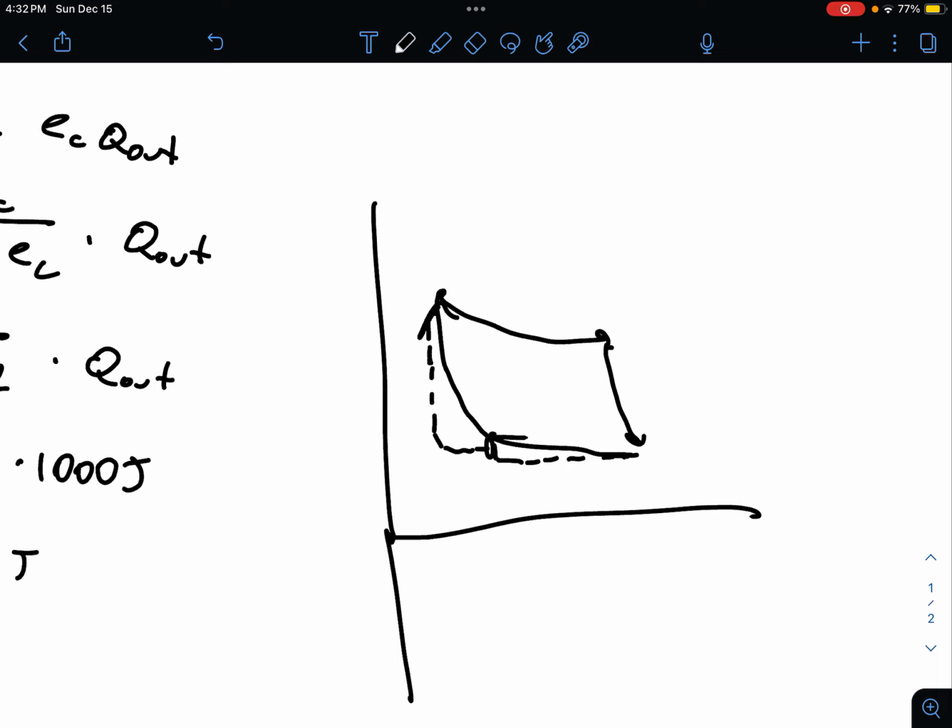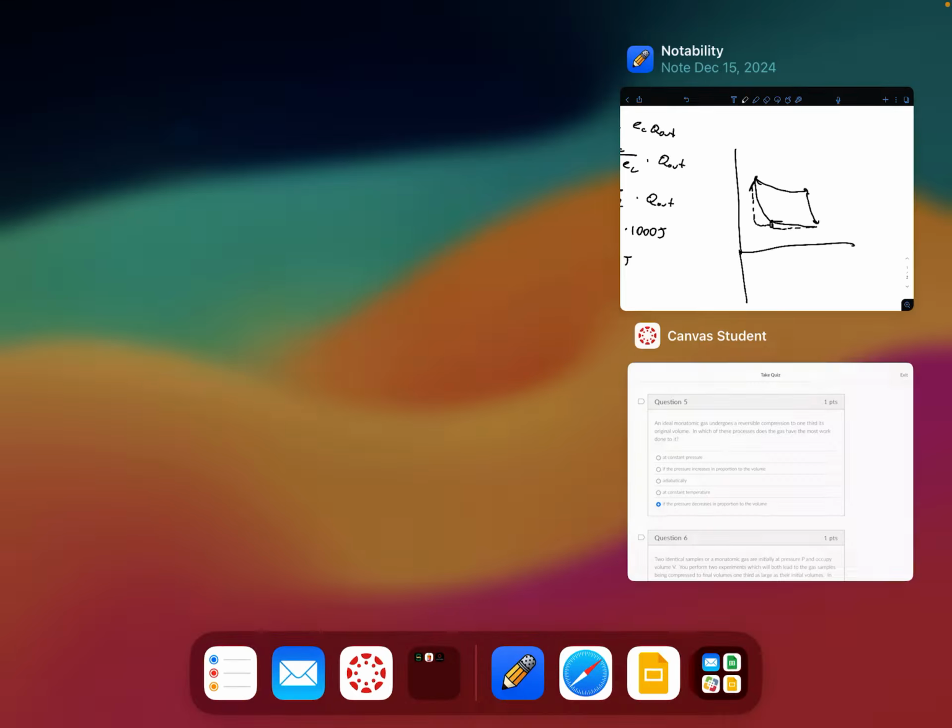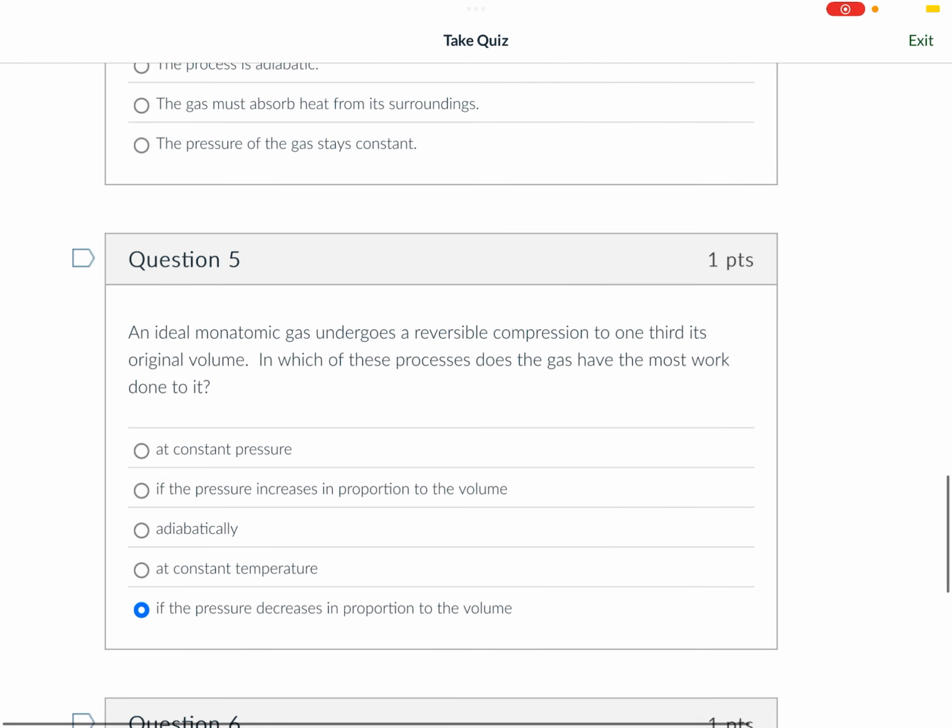But then if you had a constant pressure, that would be a smaller area. And then if you had something like this in proportion, so I'm thinking adiabatic actually. Let's try adiabatic.